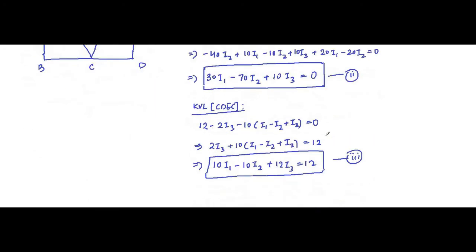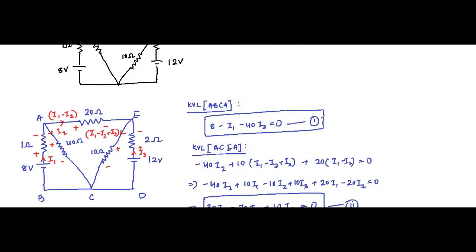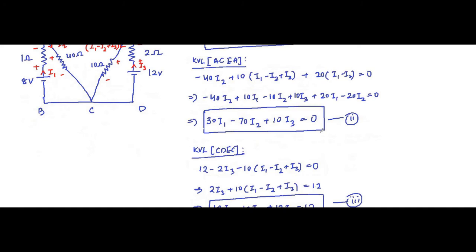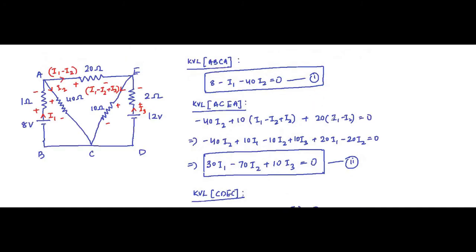Okay, so now what we have to do, we have to substitute this equation 1 in equation 2 and 3. So here we can write from equation 1, I1 is equal to 8 minus 40 I2, we can modify it in that way.